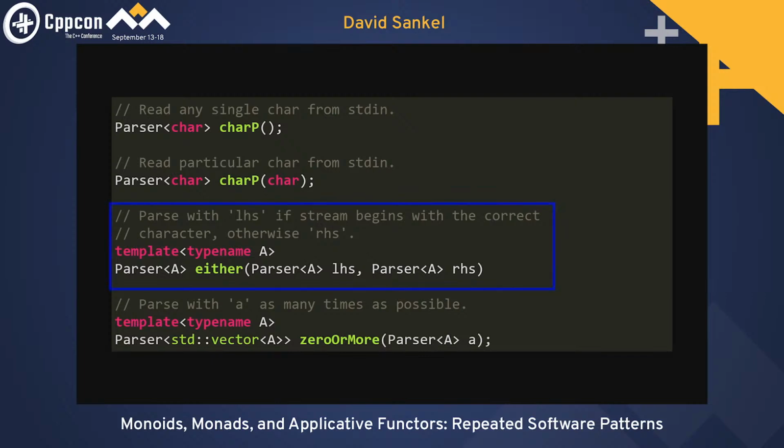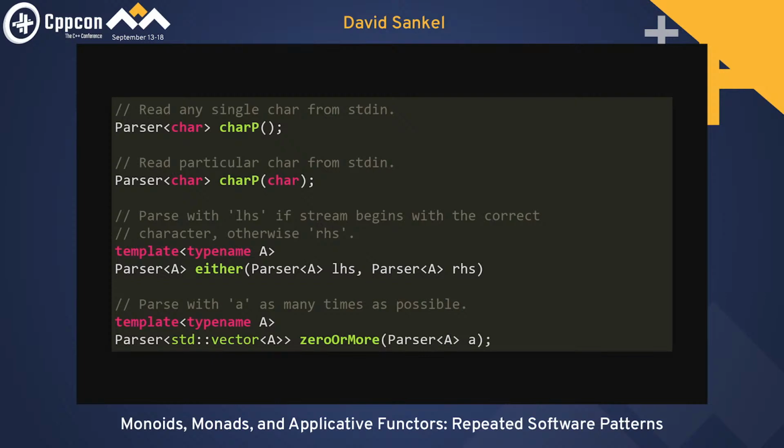And then we have an either function here. What it does is it takes in two Parser<A>s as parameters, and produces a Parser<A> as a result. And what happens is if LHS, that first parameter there, fails to read for some reason, then it will use RHS. All right, makes sense. So using either LHS or RHS will be just fine.